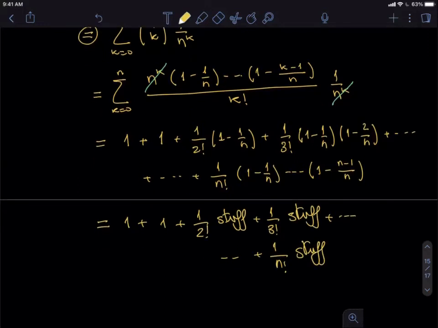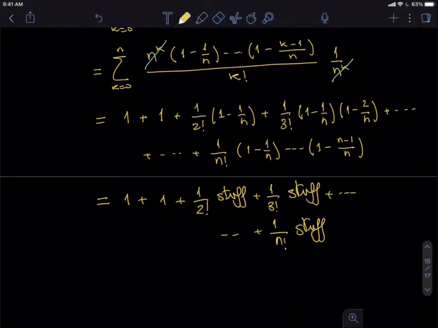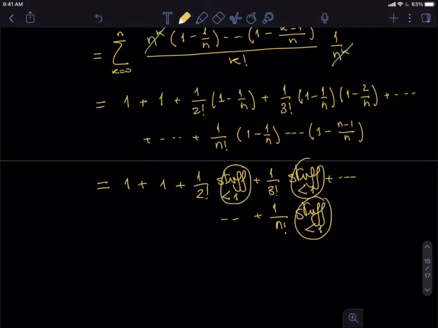Okay, and I was very technical here writing stuff. But this stuff actually is something less than 1. So I can also write that, stuff less than 1. And now when we look back to the formula for Sn, we notice that if we remove that stuff, we just ignore it, we are going to get something larger, which is the definition of Sn.